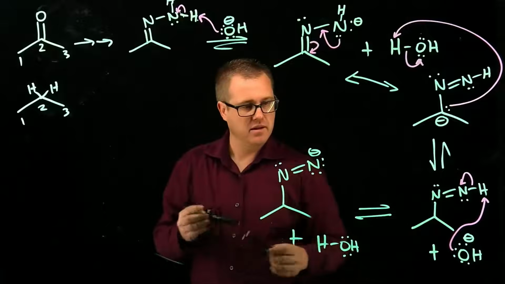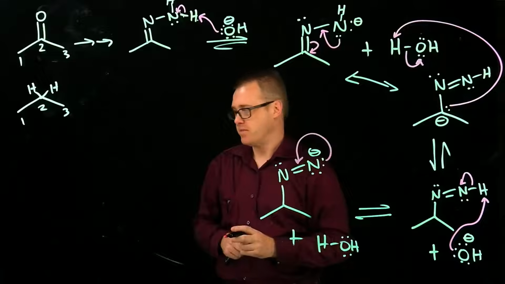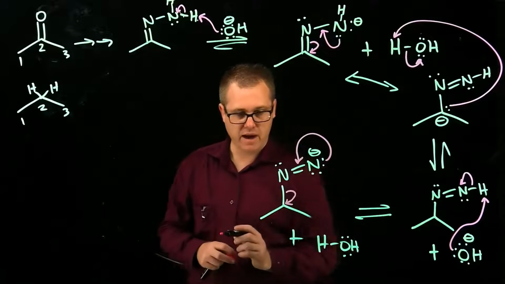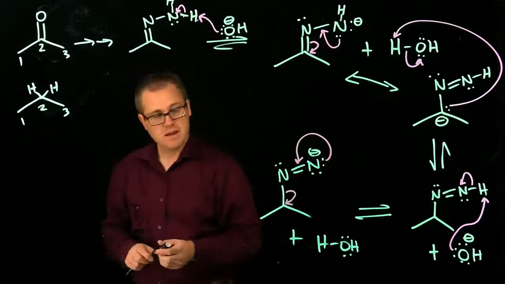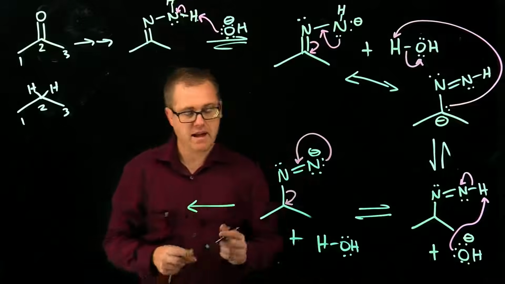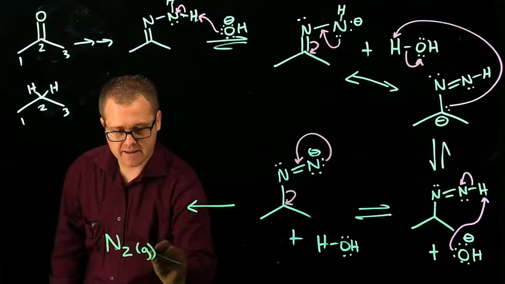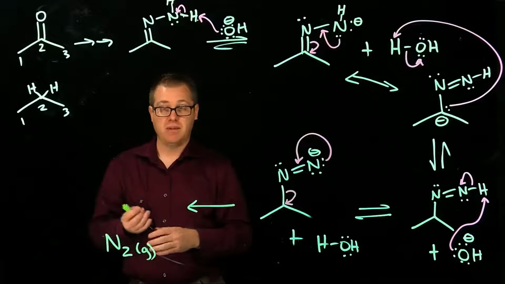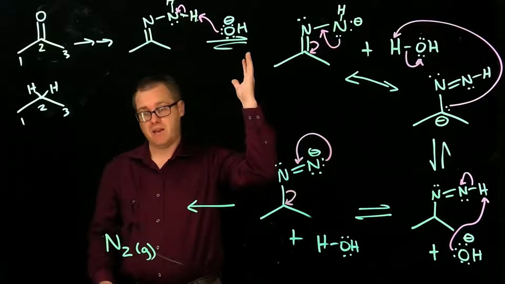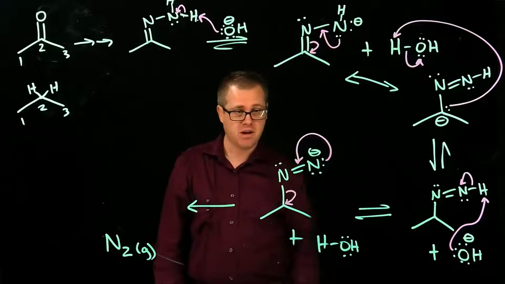We're going to have a lone pair come down to form a triple bond. And then this nitrogen carbon bond is going to break, putting the electrons there. Now this step right here is irreversible because we are generating what? We are generating N2 gas. And so in the reaction, the nitrogen gas, excuse me, is just going to bubble away. You can't get it back. It can't come back into the reaction because it bubbles off.